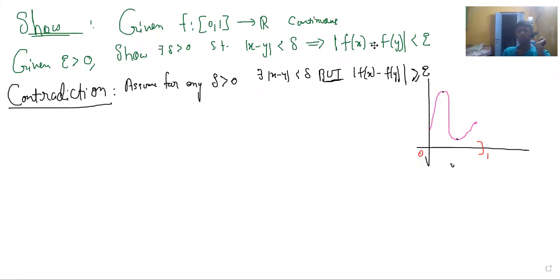Okay, so what do we do from here? We cannot use the slope in that way. So see, for any delta, what does it mean? It means that if I take delta equal to 1, it does not move. If delta equals 1, there is some point x1, and I'm just calling it x1 and y1, right?